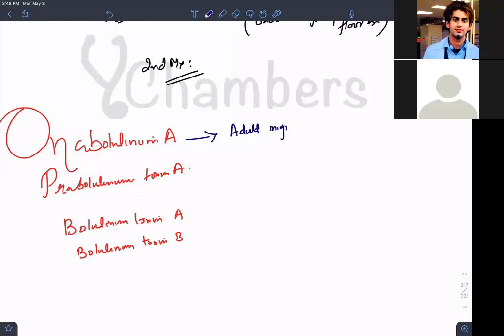In migraine, they will have headaches, so to prevent that headache you can give botulinum toxin A. I read it recently, about 1 year ago.